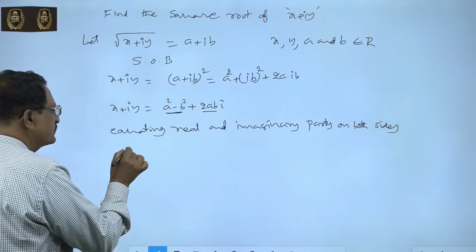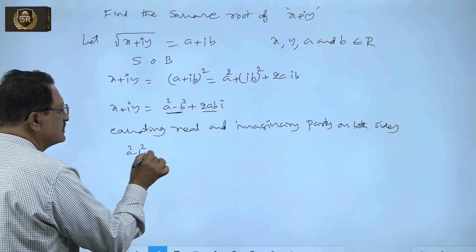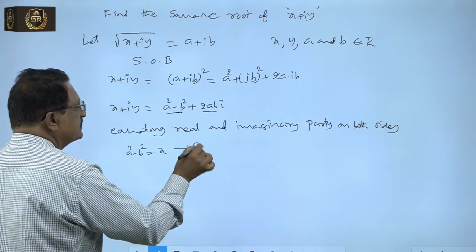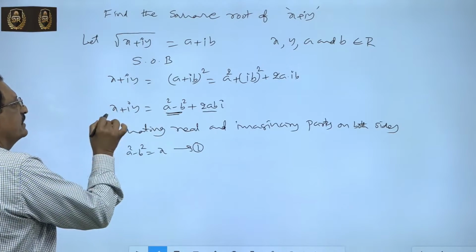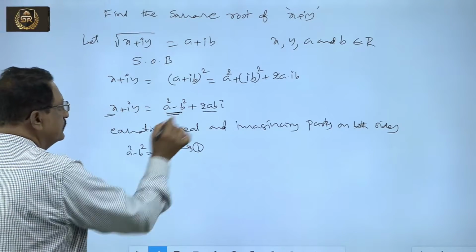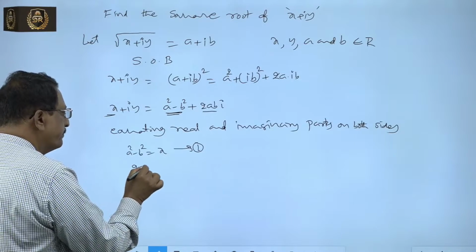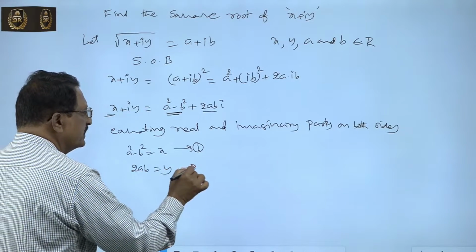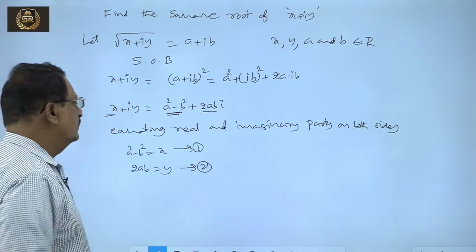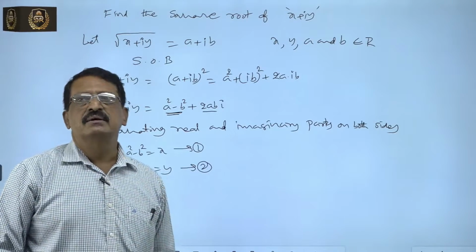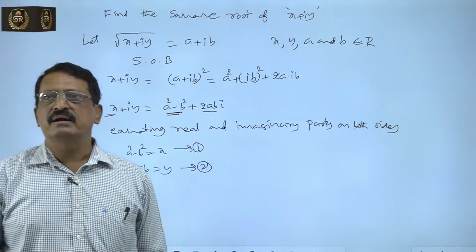Now a squared minus b squared equals x, it is considered equation 1. Real part: a squared minus b squared equals x. Next, 2ab equals y, imaginary part. Now from these two equations we require the values of a and b.